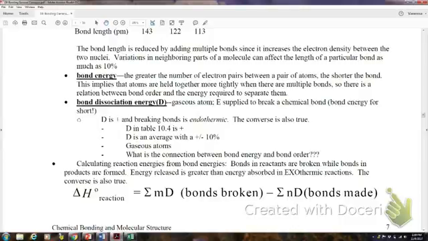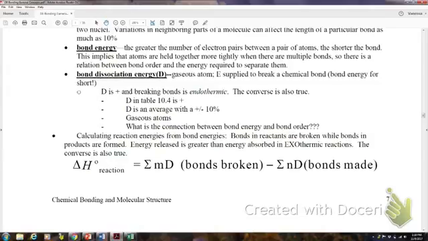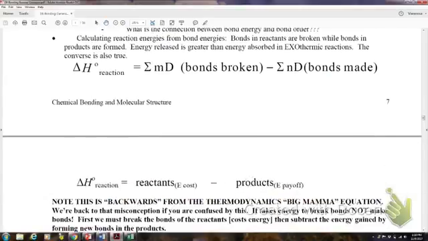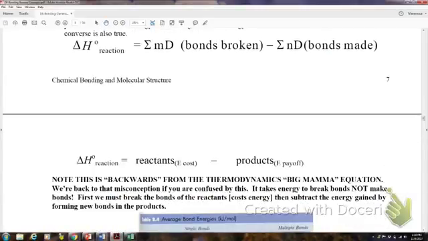Now, the overall delta H could end up being positive or negative, but it's going to be positive for forming and negative for breaking. So here's that equation. That M is supposed to be number of moles. So here's going, basically, I don't know if you figured this out. Normally we do products minus reactants, but when we're talking about bonds, it's actually flipping it. Okay, I don't know if y'all caught that when we were doing it.